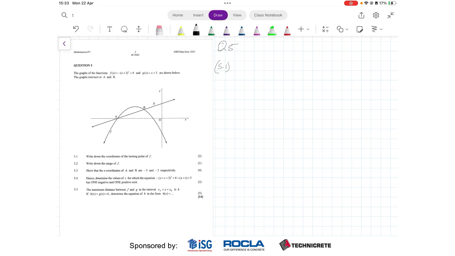5.1. Write down the coordinates of the turning point of f. We know for a parabolic function given in terms of f(x) = a(x + p)² + q, the turning point is given by the values of p and q, right?